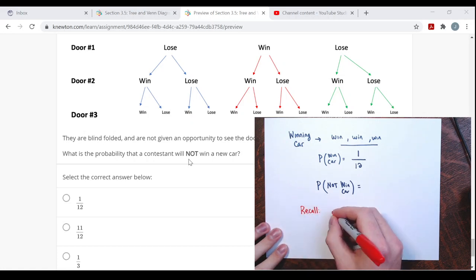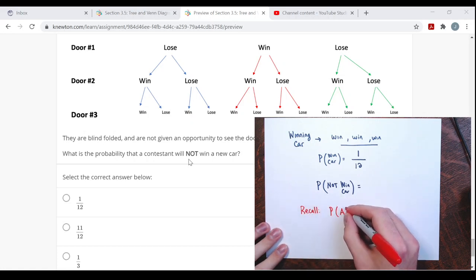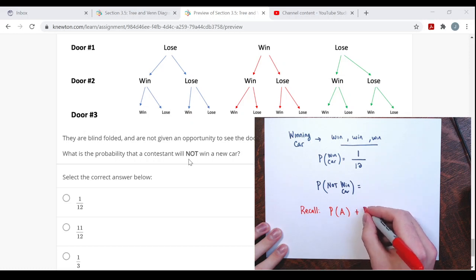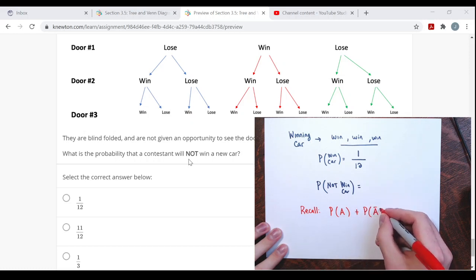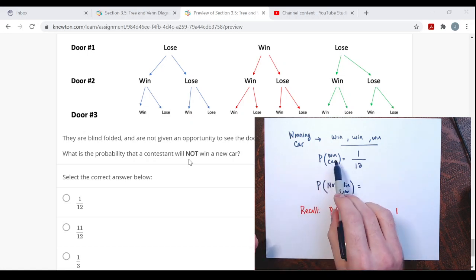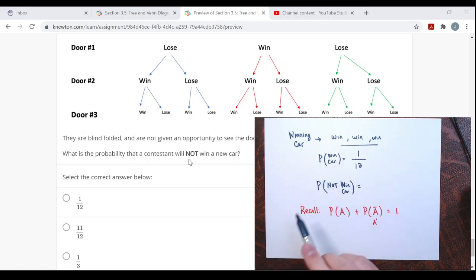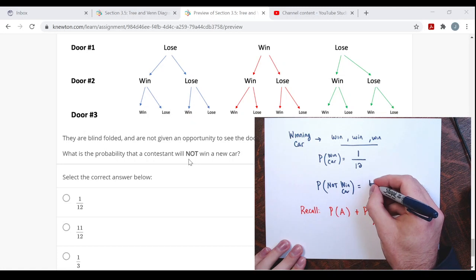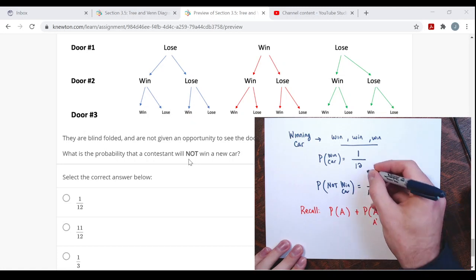Remember the probability of an event, say A, plus the probability of not that event, which is A bar or A prime, the complement of A, is always going to be equal to 1 or 100% if you have percentages. So if the probability of winning the car is 1/12, the probability of not winning the car is 11/12. Right? They would add up to 1.